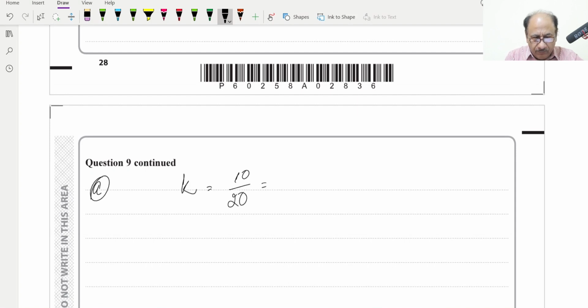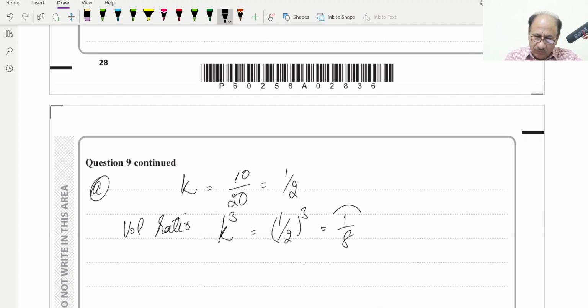So this will be 1 by 2 will be the ratio, and this will be the length ratio. Now we can find the volume ratio. For volume ratio we will be taking k cube, and this will be equal to 1 by 2 cubed, which can be written as 1 over 8.